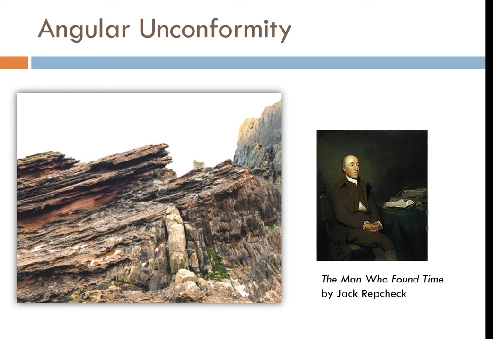If you're into these things, I always suggest these kind of things. There's actually a book on Hutton. It's called The Man Who Found Time. And it's a biography of him and how he came to putting all this together. He's one of the first people who suggested all of our relative age dating principles.